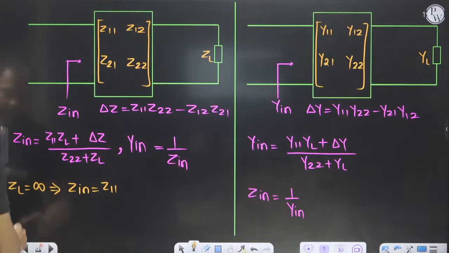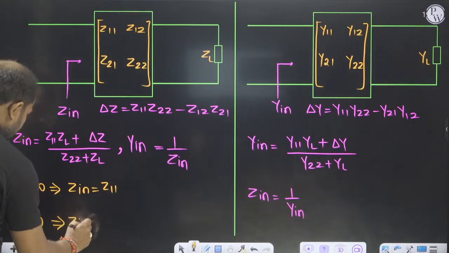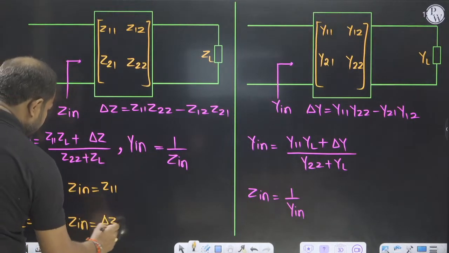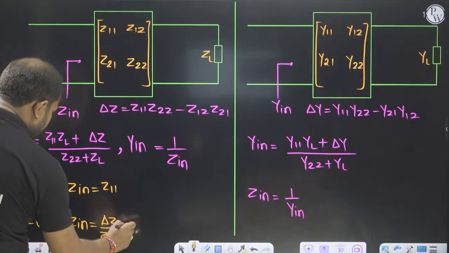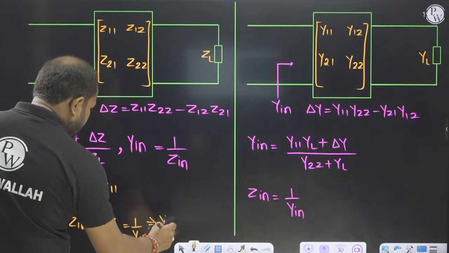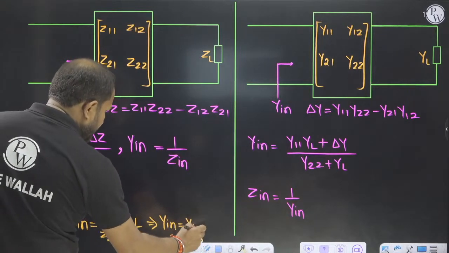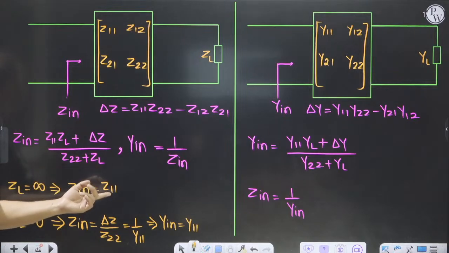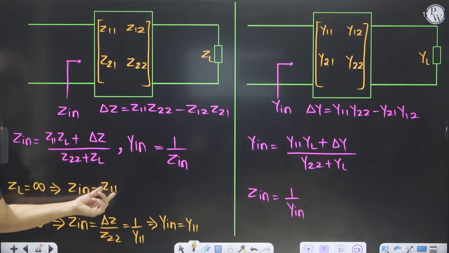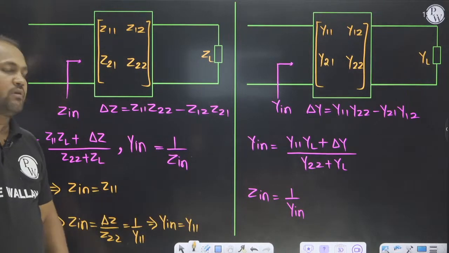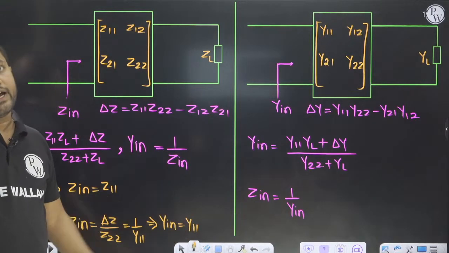If ZL is equal to 0, Zin is equal to delta Z upon Z22, which is nothing but 1 by Y11, that means Yin is equal to Y11. So Z11 is the open circuit impedance, and Y11 is the short circuit admittance.